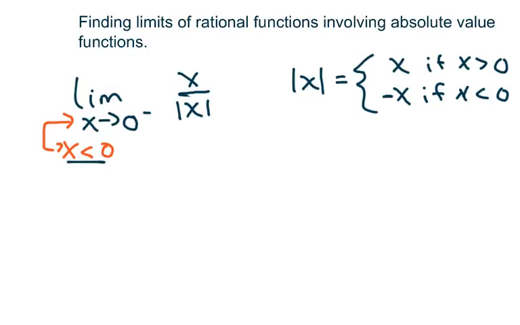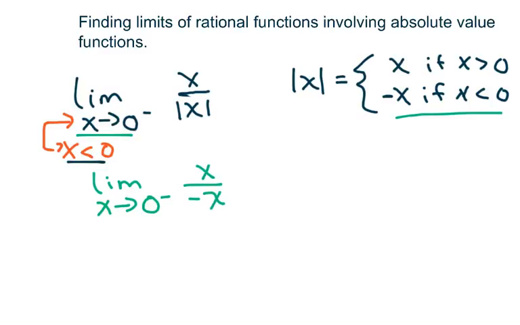So since I'm talking about this one, I'm going to look here, and I'm going to substitute and write my limit as x approaches 0 from the left of x over negative x.